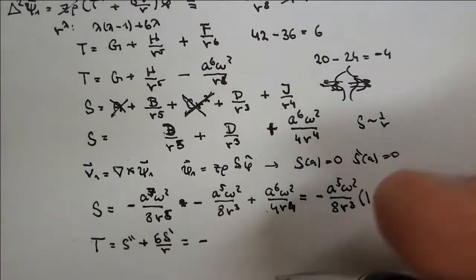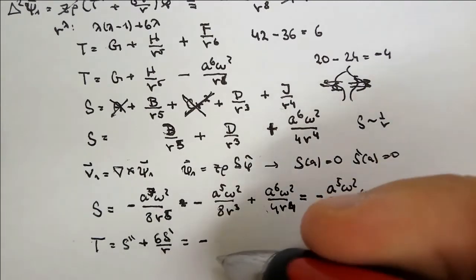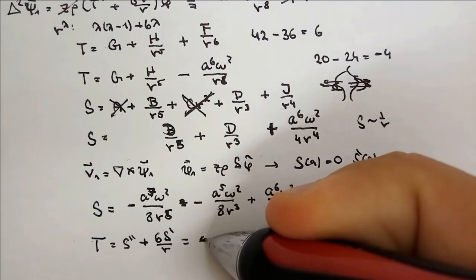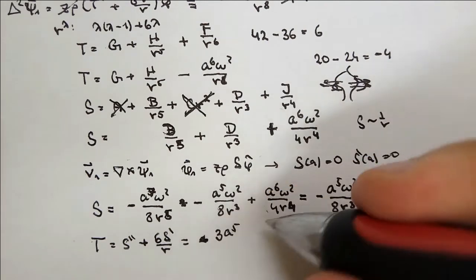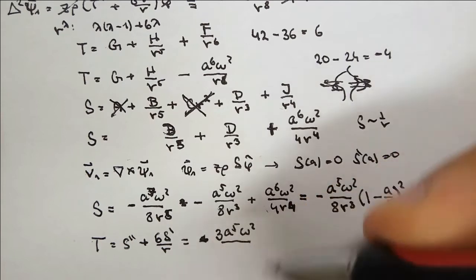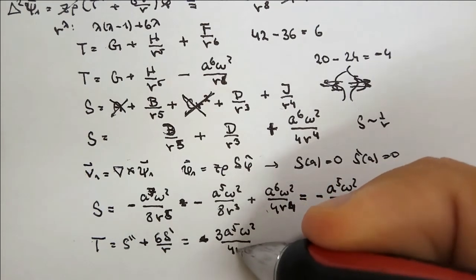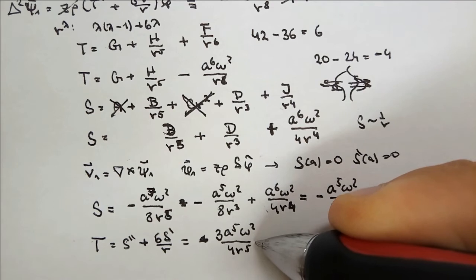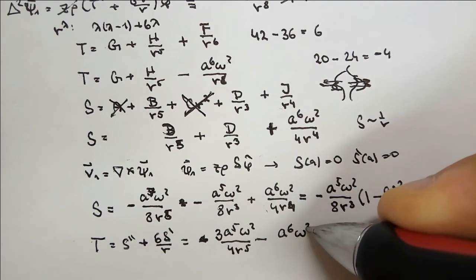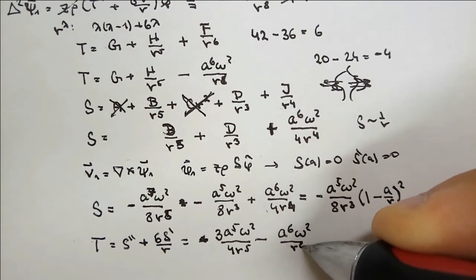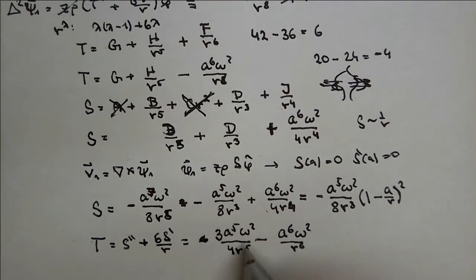So these are plus 3a to the fifth power omega squared divided by 4r to the fifth power, minus a to the sixth power omega over r to the sixth power. Notice the a's are to the same power as r's. So this is the equation for T.